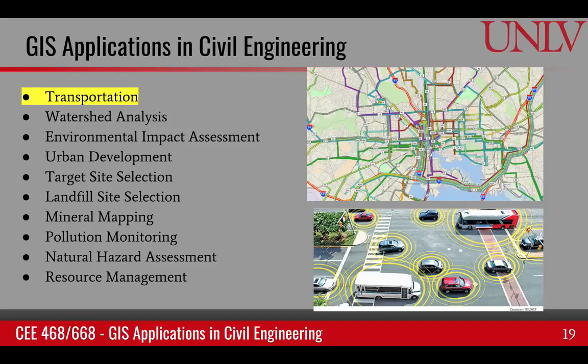For example, number of lanes, one way or two way, presence of certain signage along the roadside, existence of utility lines above or below the ground along the road, existence of intersections and signals. And all of these make it a very complex system. And so, for resource management of a transportation system or expansion of the existing transportation network, all require a good and rich presence of the spatial data about the system. And that's where GIS helps us.